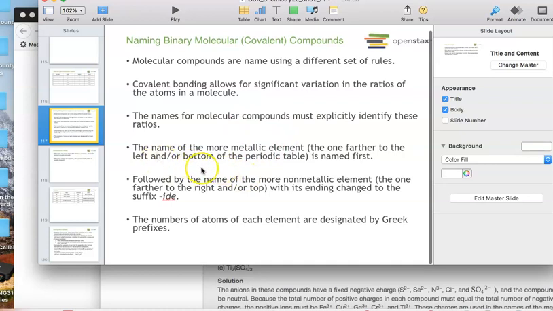The name of the more metallic element, that's the one first to the left and or bottom of the periodic table, is named first, followed by the name of the more non-metallic element, with its ending changed to IDE. So the second element's suffix changing to ide is just the same as when we were naming ionic compounds. The number of atoms of each element is designated by Greek prefixes, which we talked about just a moment ago.